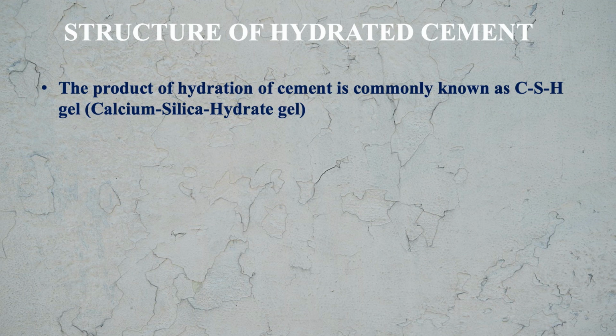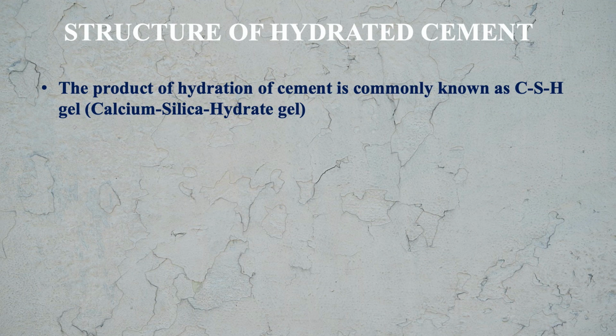Now let us see the structure of hydrated cement. What is the structure of the hydrated cement? The product of hydration of cement is commonly known as CSH gel. What is the meaning of this CSH gel?